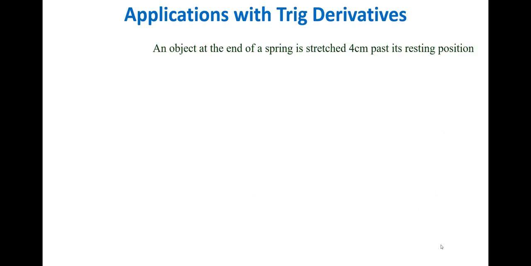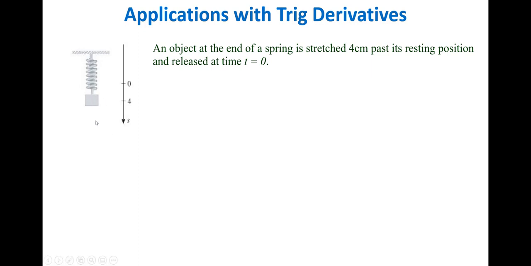Next example, looking at the object at the end of a spring. Remember, a spring has a natural stretch, so if it's stretched past its resting or natural position 4 centimeters, then released, and we'll consider the release time to be time is equal to 0. I'll give you a picture to show this. Here's the spring at rest.